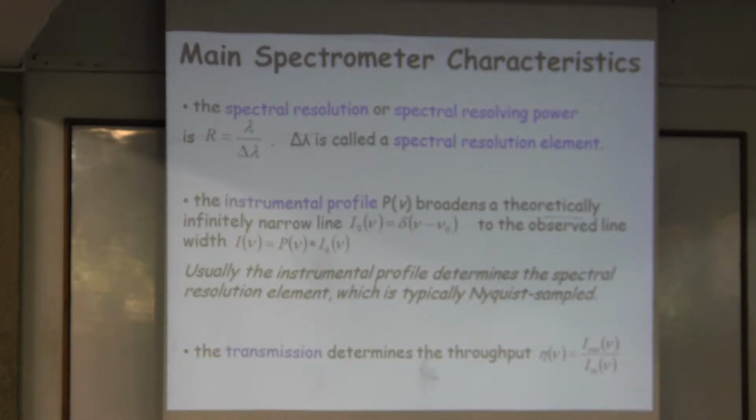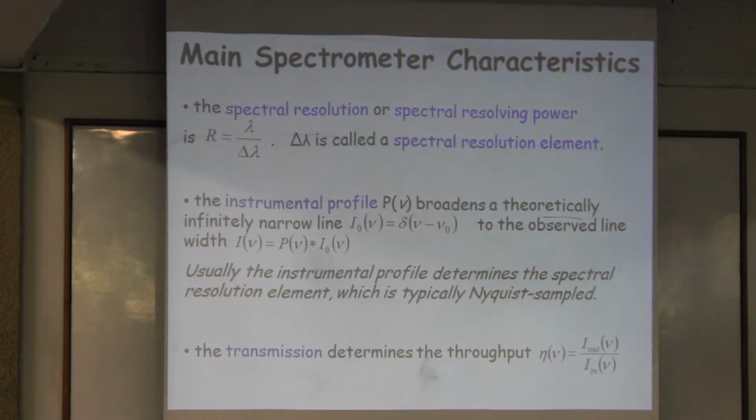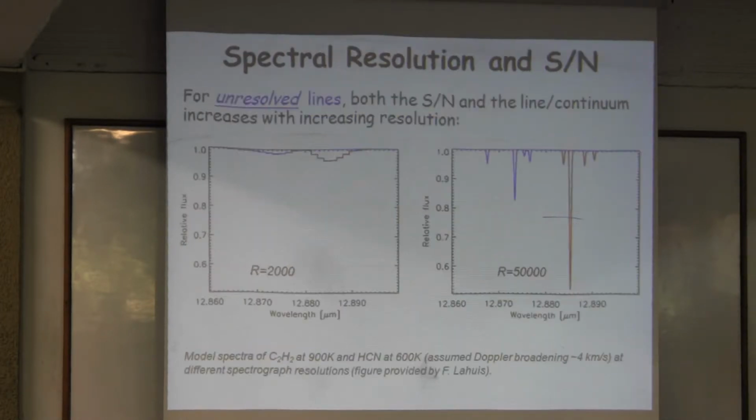So by the time the light reaches us, if you have light from the left part of a rotating galaxy, it may be redshifted, from the right part it may be blueshifted. You combine all that, and it just broadens the line. If we look at galactic regions, often the lines are very narrow. And then the question is, what spectrograph shall we use if we have very narrow lines?